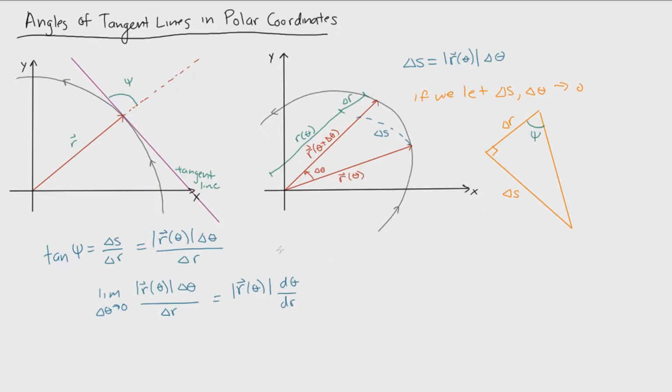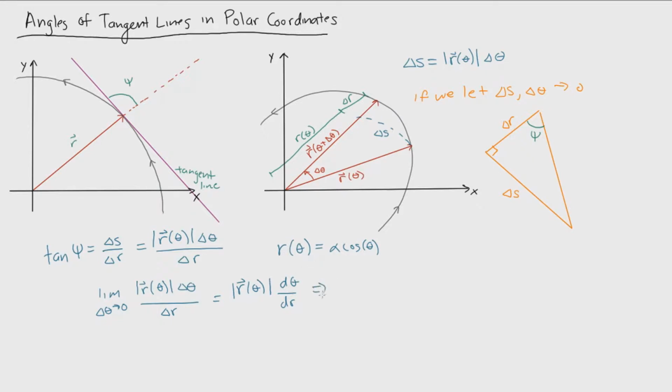But since we're going to have an equation of r with respect to theta, for example, some constant alpha times cosine of theta, so r is going to be a function of theta, what we can do is rewrite this so that when we take the derivative of r with respect to theta, we don't have to do the inverse of this.